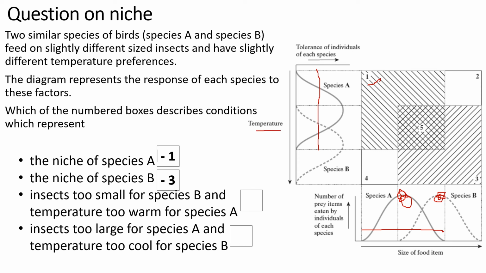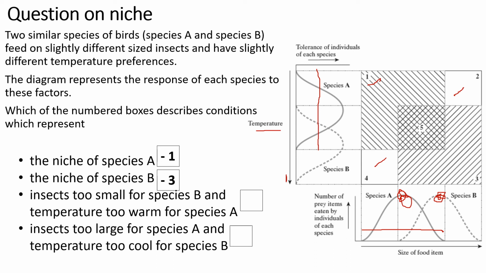We're looking at a higher temperature at the bottom, and we're looking at areas 2 and 4, where we have got no species A. We also have no species A on area 3, but we'll come back to that in a second. So in 4 and 2, we do not have any species A. We also do not have any species B, which is why the answer has to be 2 or 4.